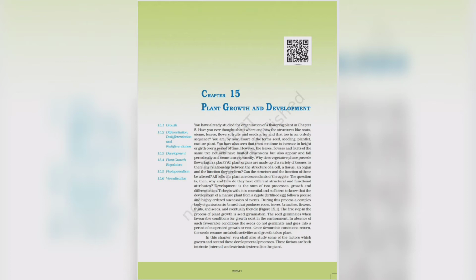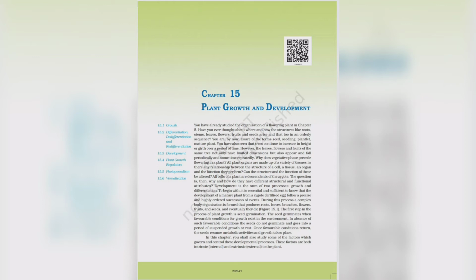They could be indole compounds, in brackets indole-3-acetic acid, IAA, or adenine derivatives, that is N6-furfurylamino purine, kinetin, derivatives of carotenoids, abscisic acid, ABA, terpenes, in brackets gibberellic acid, GA3, or gases, in brackets ethylene. The plant growth regulators are variously described as plant growth substances, plant hormones or phytohormones in literature.